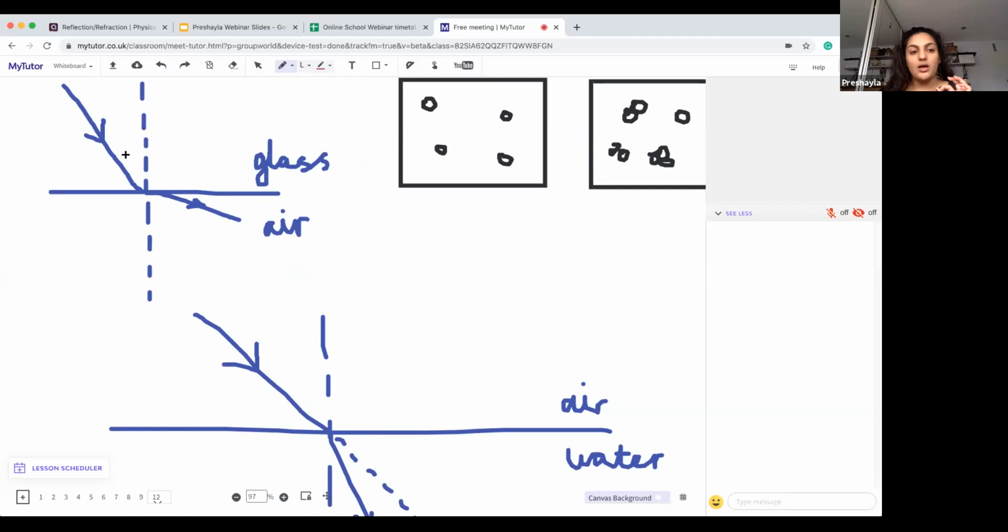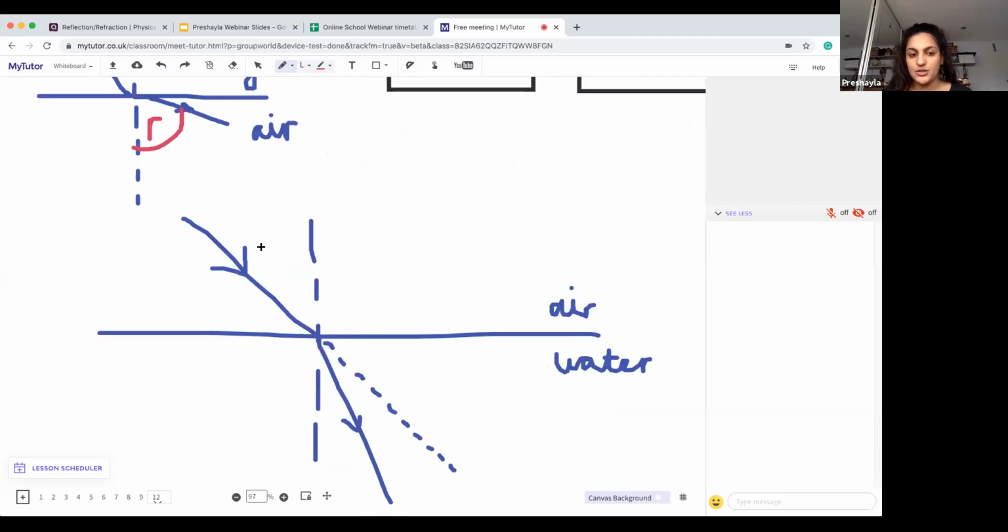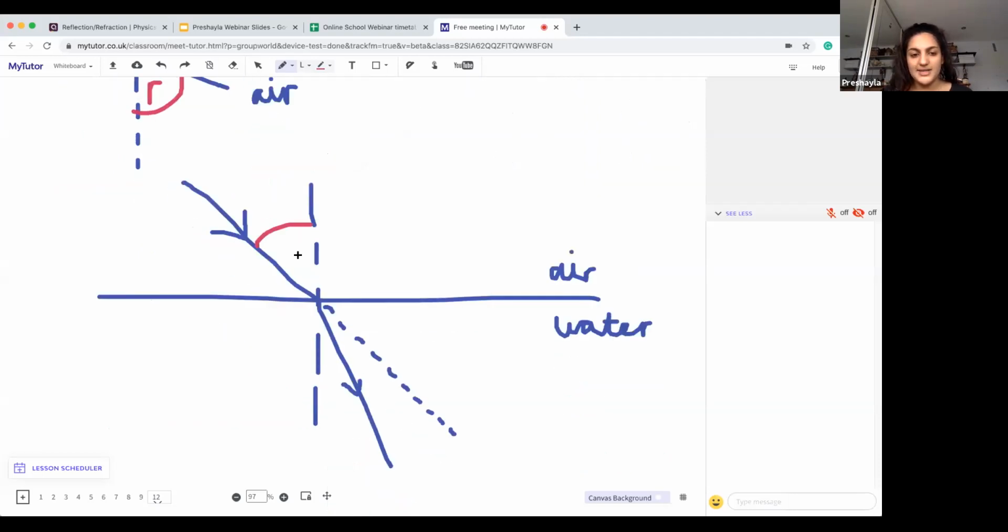The angles need to be measured to the normal, and that's the case here. My I is here and my R for refraction is here, both to the normal.